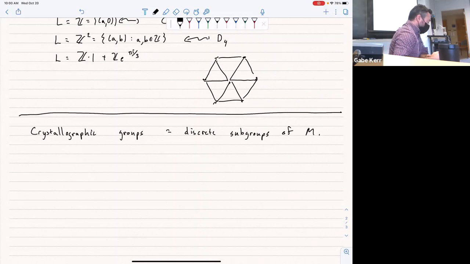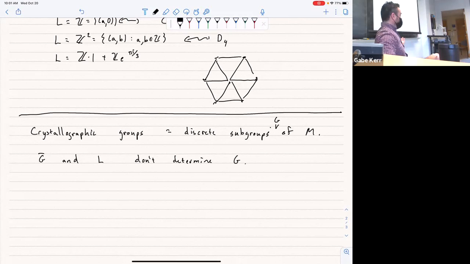So we're studying this. And the first comment he makes, which is a nice comment, and I think kind of shows up on the midterm, is that if you take a group, so let's say we have a group G, a crystallographic group, and you take its point group as the image of it under the map to O2, and you take its lattice of translations, L, these two things, while they tell you a lot about the group, they don't determine it.